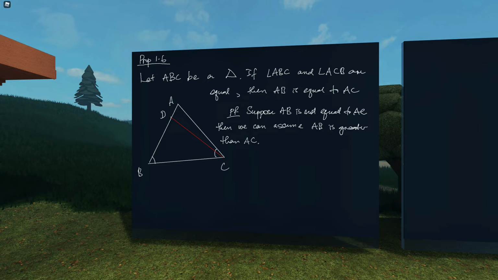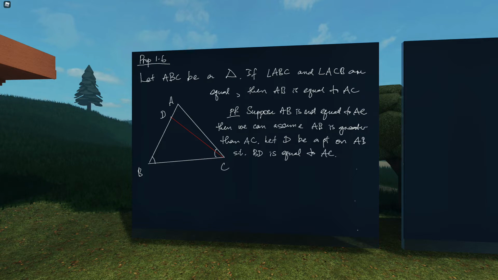Let D be a point on AB such that BD is equal to AC.